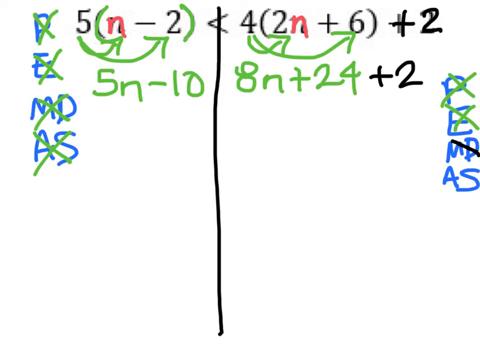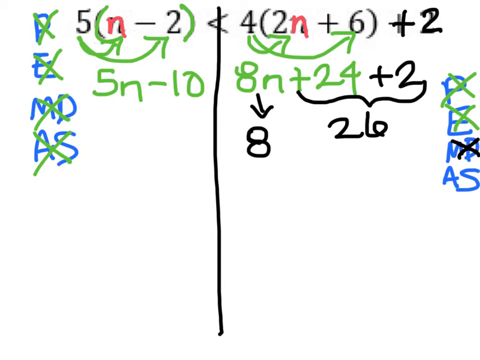That was our multiply and divide, so now we have add and subtract, and we'll add the 24 plus 2, which will give us 26. Bring down our 8n. 26 was positive, and we had 5n minus 10 on the left.